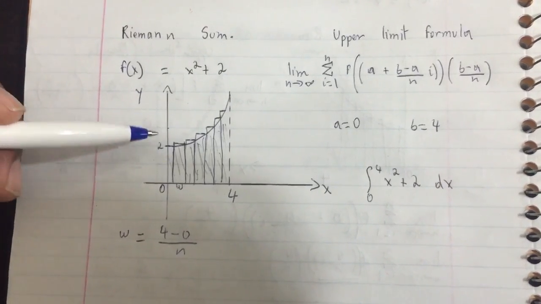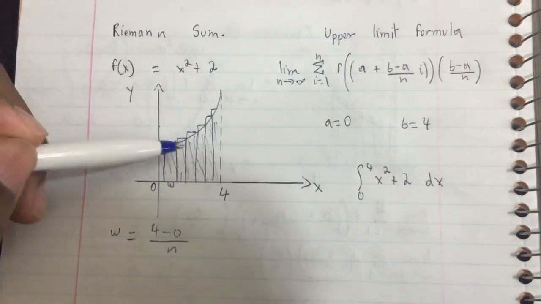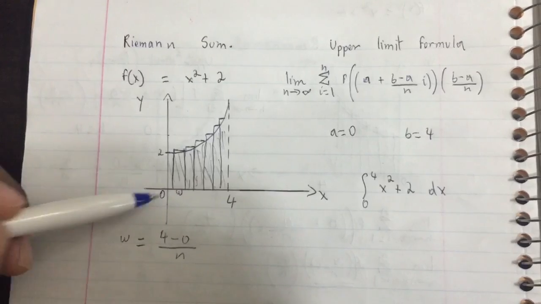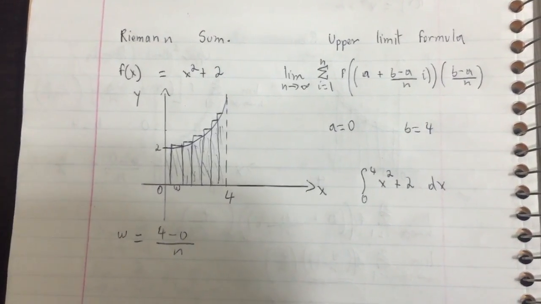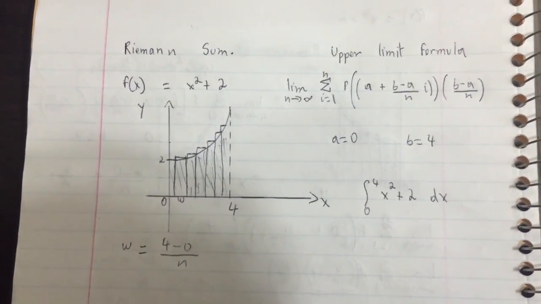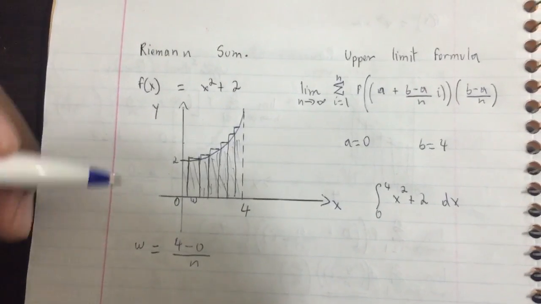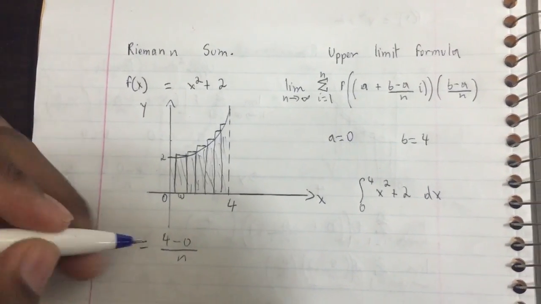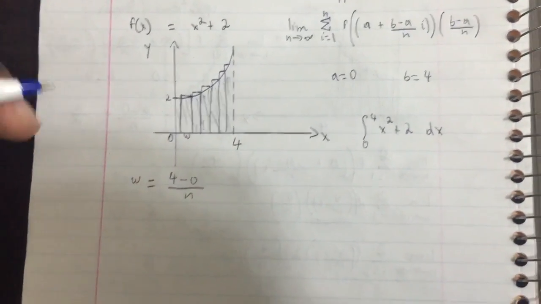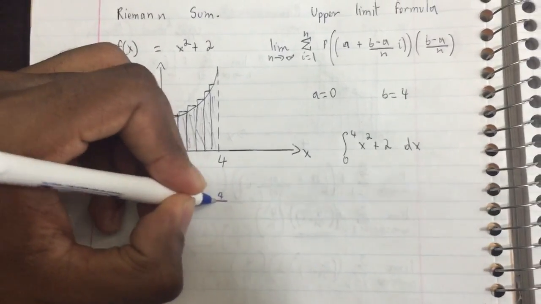If we were asked to cut 3 rectangles or 5 rectangles, then it would be 4 minus 0 over 3 or over 5. But in this case we don't have a limit, so we're just going to set it up like this. So we have our w, which is basically 4 over n.